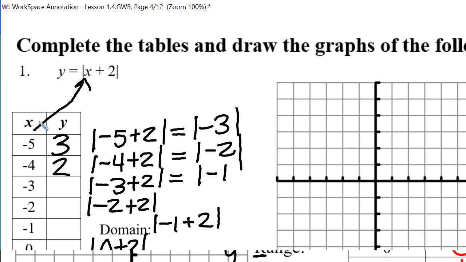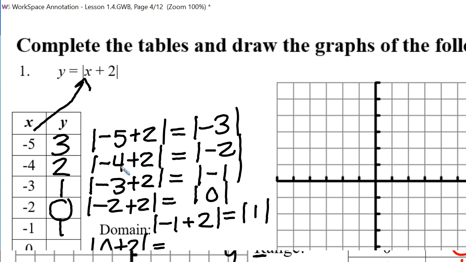And what's the absolute value of negative 1? 1. So the next one was negative 2 plus 2. 0. And what's the absolute value of 0? 0. The next one was negative 1 plus 2. 1. And what's the absolute value of 1? 1.